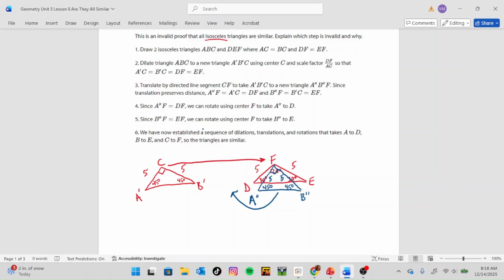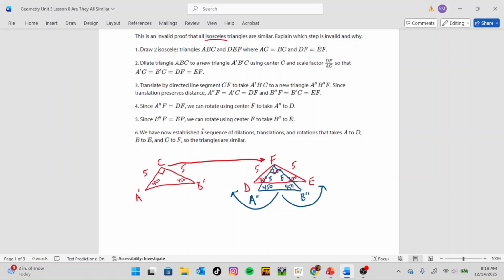And now A double prime F would lay directly on top of DF. Then step 5 says that since B double prime F is 5 and EF is 5, then we could rotate it this way and set it directly on top of EF.